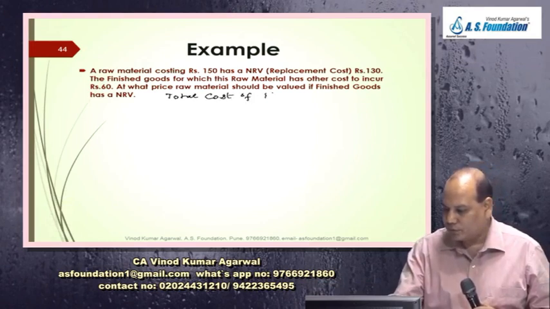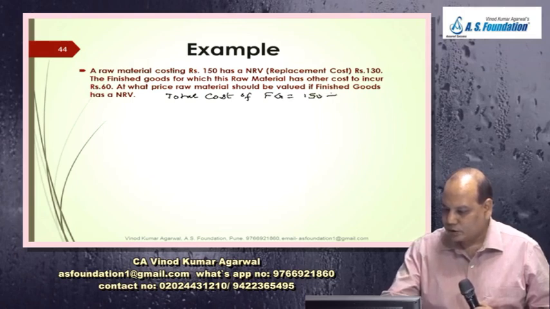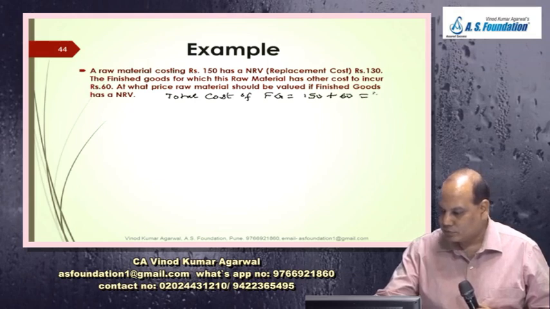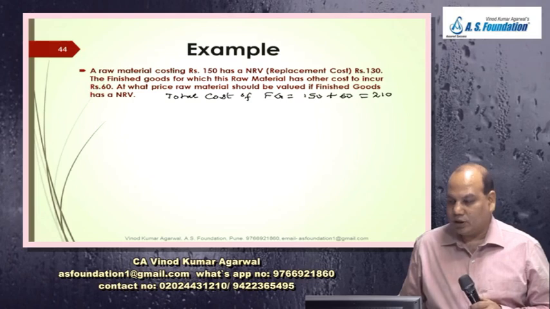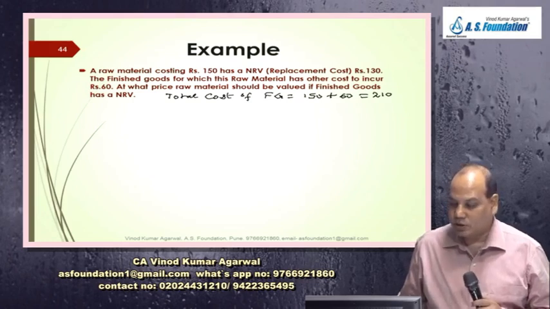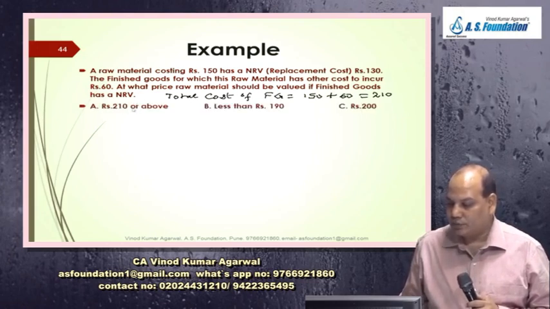Total cost of finished goods: 150 is only raw material and 60 is other cost. So say 210. And the net replacement value of raw material is 130. At what price raw material should be valued if the finished goods has an NRV of 210 or above, less than 190 or 200? So we'll discuss one by one.